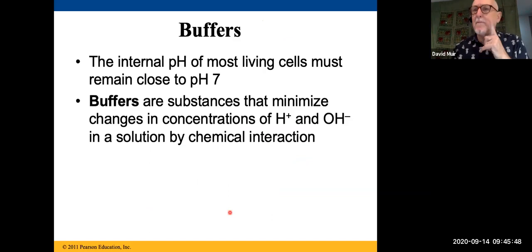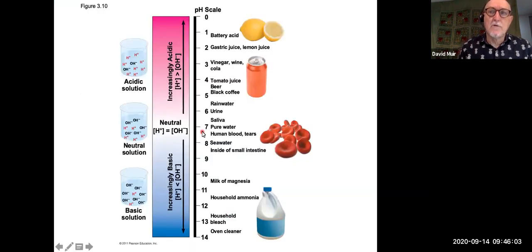So this implies something. It implies that biological systems would not function well if their pH was very fragile. Now, I can very easily and drastically affect the pH by adding a very small amount of acid, for example.